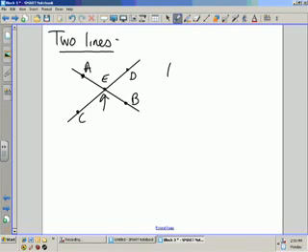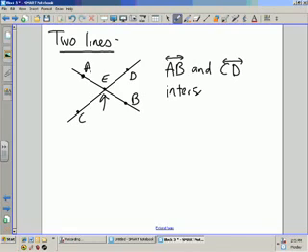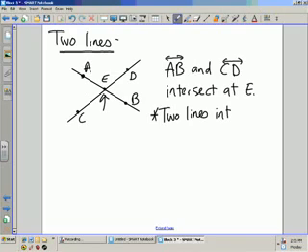So for this, line AB and line CD intersect at E. So the phrase we need: two lines intersect in a point.